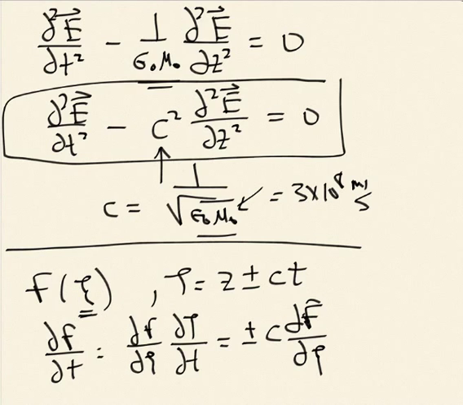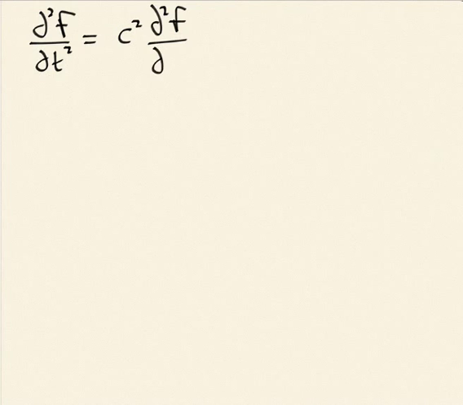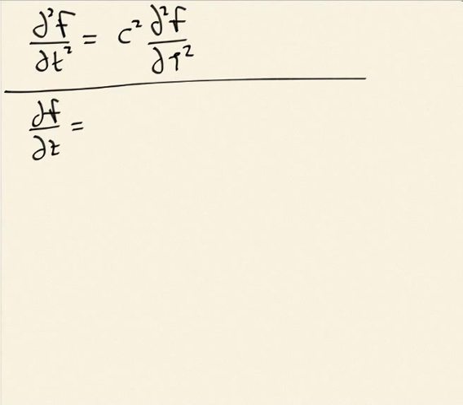Now if I consider the second time derivative, I'm going to end up with d squared f dt squared is equal to c squared d squared f d squiggle squared. Now I can go through the same exercise for the spatial derivative, and it turns out that df dz is the same as df d squiggle.